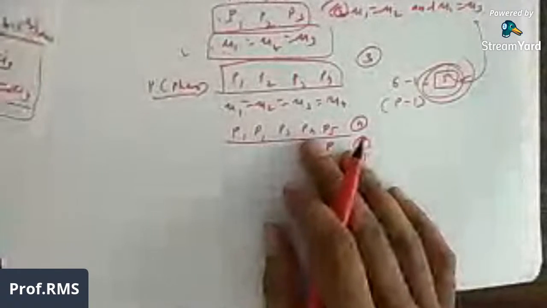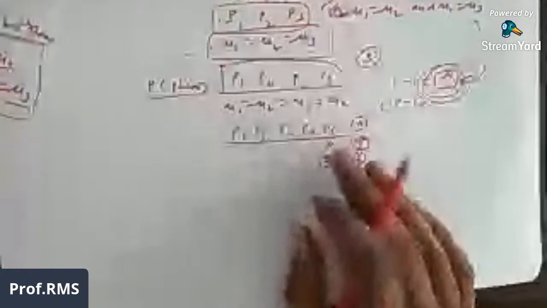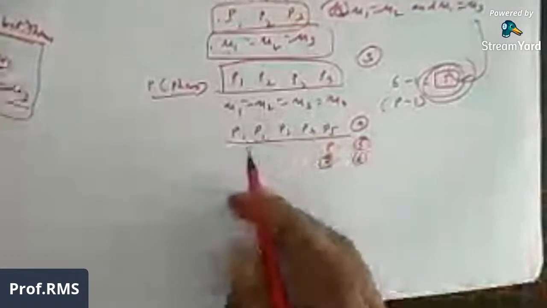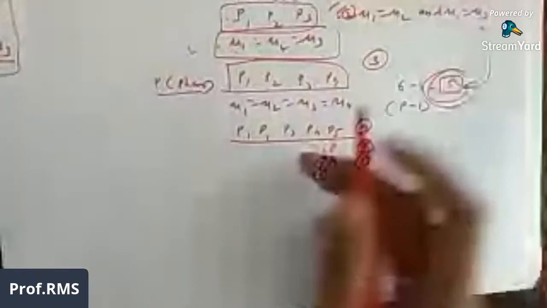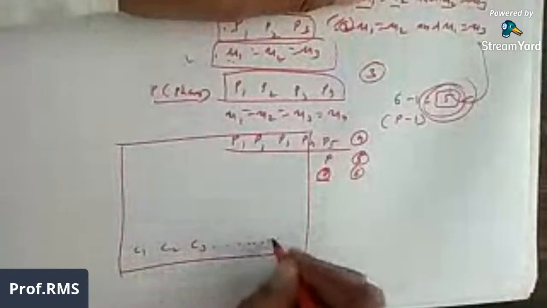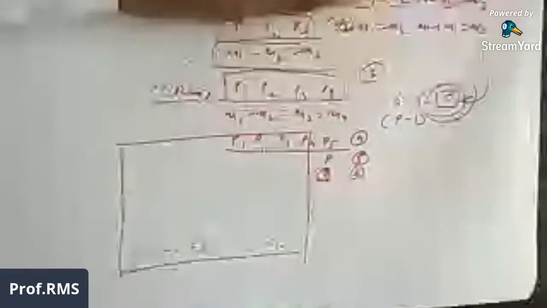Okay, now let me talk about it in terms of concentration. Consider a system where we have C1, C2, C3 to Cn number of components.